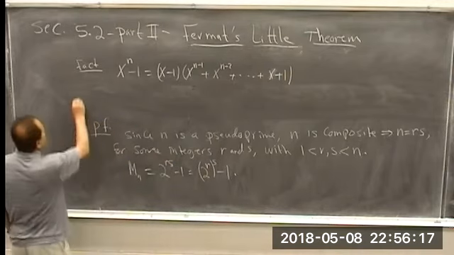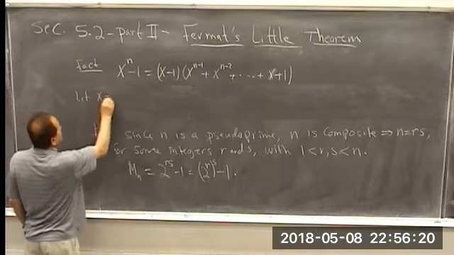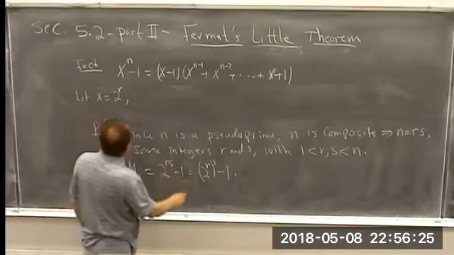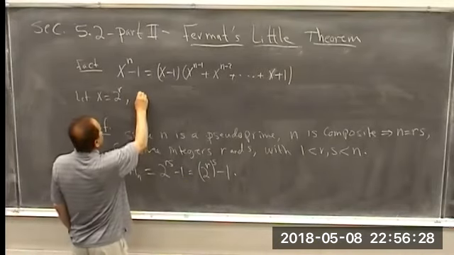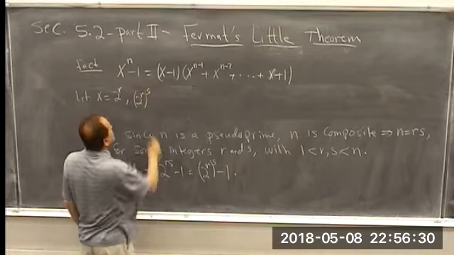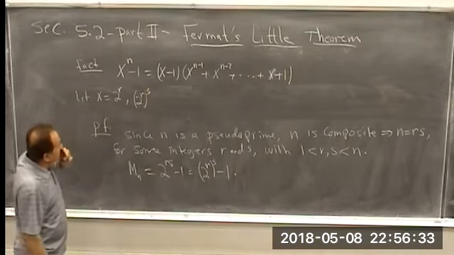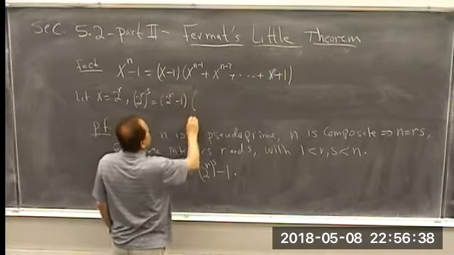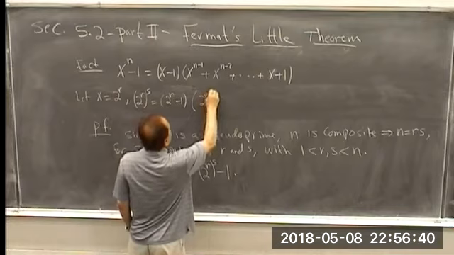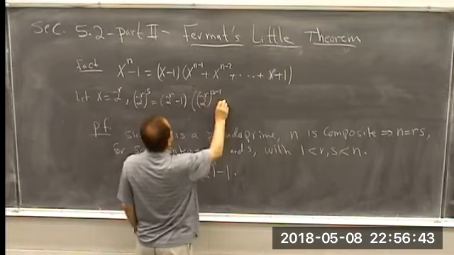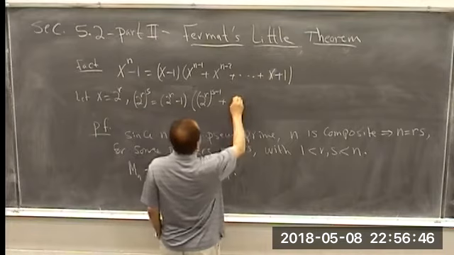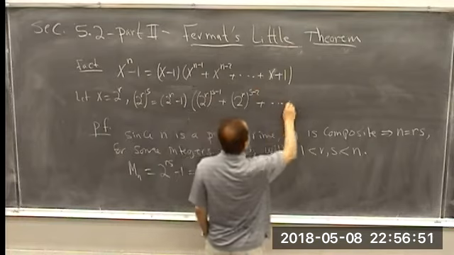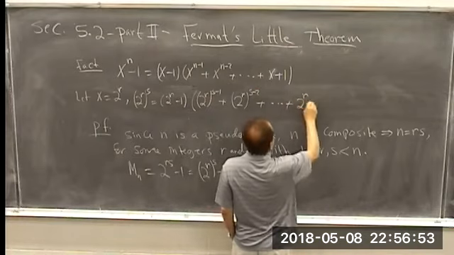So in here I'm going to be using my 2 to the power r. So we're going to let x equal 2^r in this expansion. So this becomes (2^r)^s, and the n is s in here. So this is going to be (2^r - 1) times ((2^r)^(s-1) + 2^(r(s-2)) + and so on, + 2^r + 1).